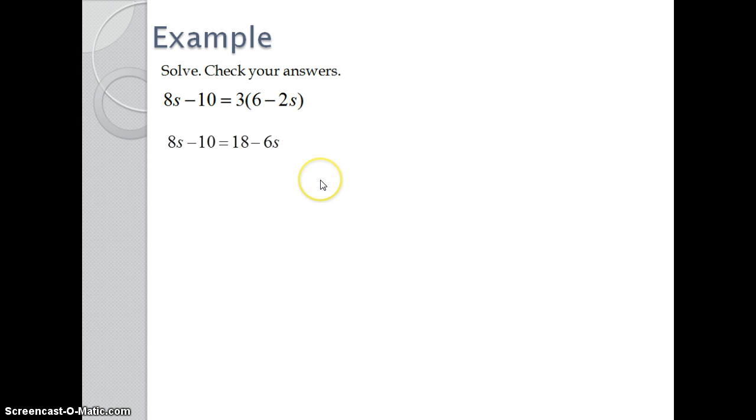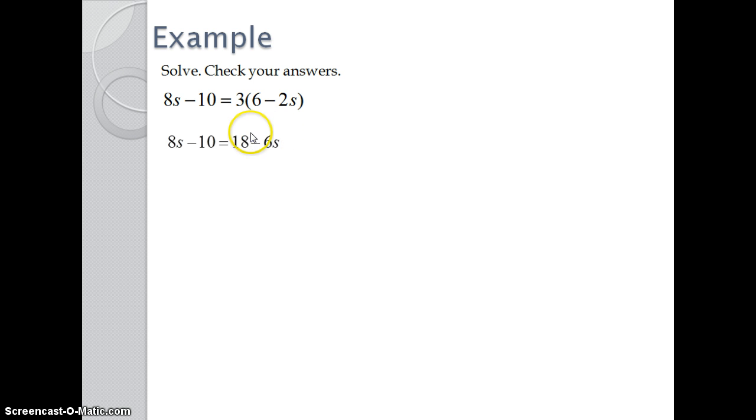So now I need to get my variables to one side. This time I'm going to move my negative 6s over with the 8s. If you want to move the 8s over here, you're fine in doing so. Your steps may look a little different, but your final answer should be the same as mine. So remember, I'm not just moving the s, I'm moving the negative 6s.